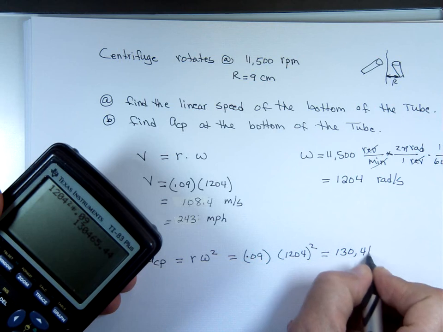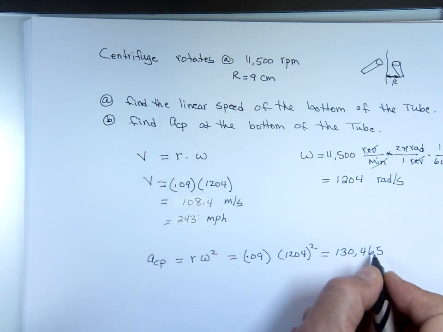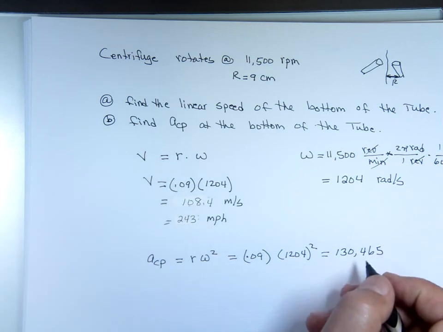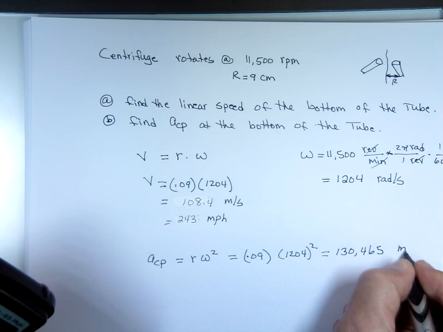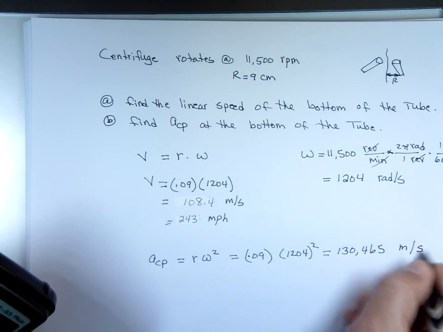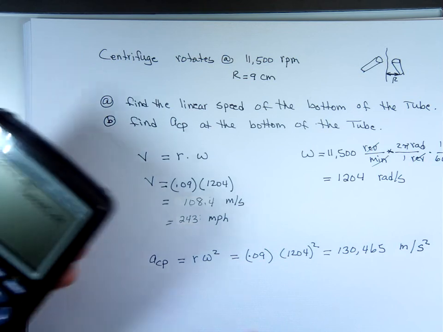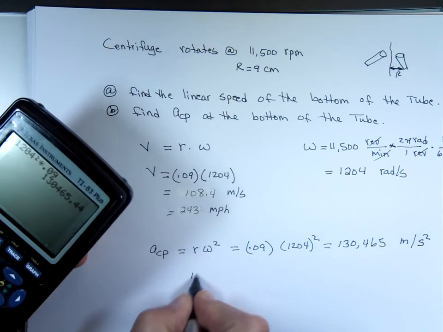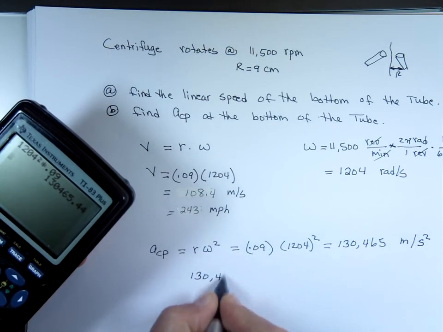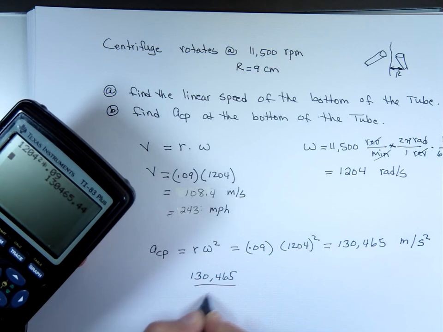What's the unit for that? Meters per second squared. Acceleration. How many G's is that? If you divide that by 9.8, that tells you how many G's on that system there.